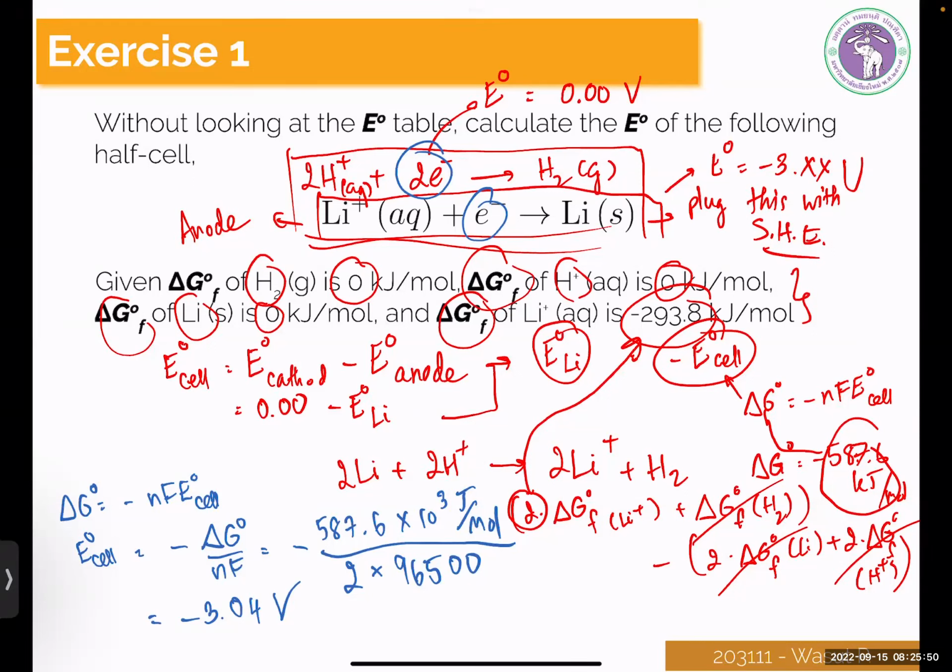Well, sorry, the delta G naught here is actually negative, so the answer is actually E naught cell equals plus 3.04 volts.